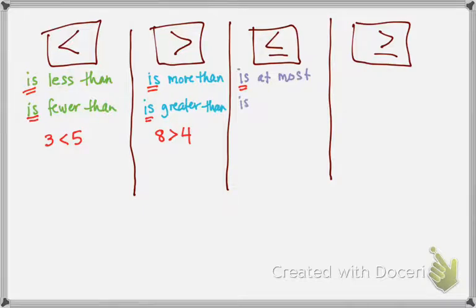Now, if you don't get that one, you're in trouble, because they're just telling you blatantly. Is less than or equal to. Again, "is" is always present, right? And then another one is, oh yeah, this guy. Is no more than. You can have this guy, but it can't be any more than this one, okay?